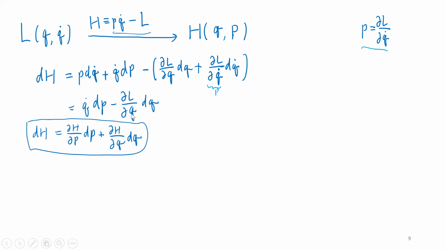Okay, so therefore, from this, I got these two relations. So Q dot has to be equal to partial H partial P, because of this. And then partial L partial Q has to equal minus partial H partial Q, because of this.